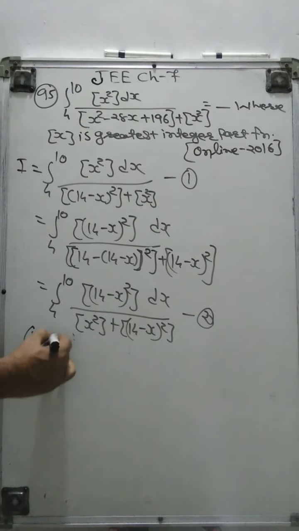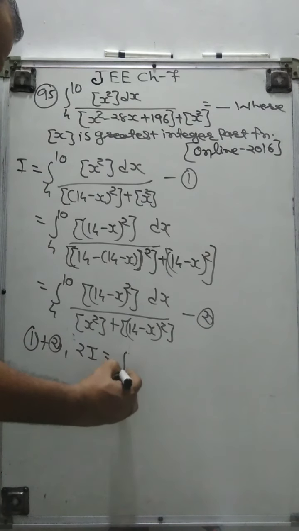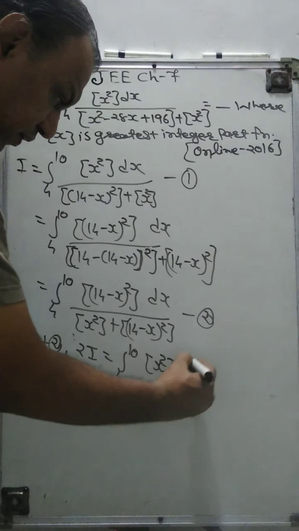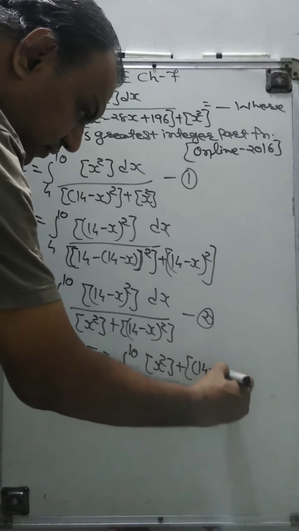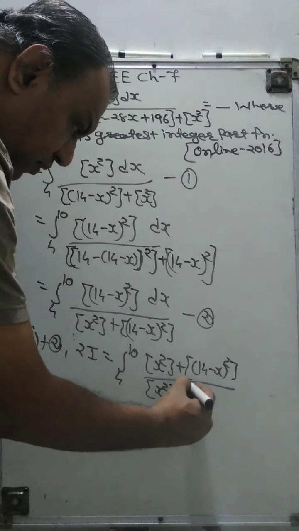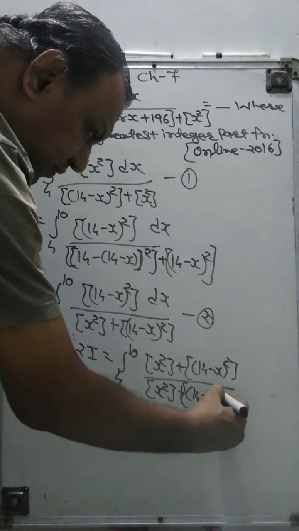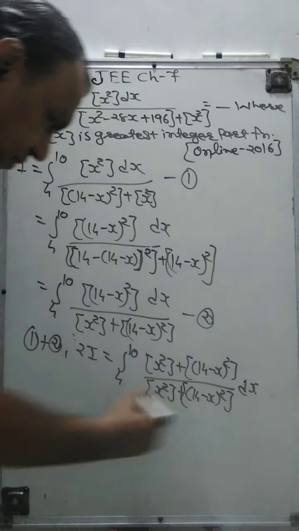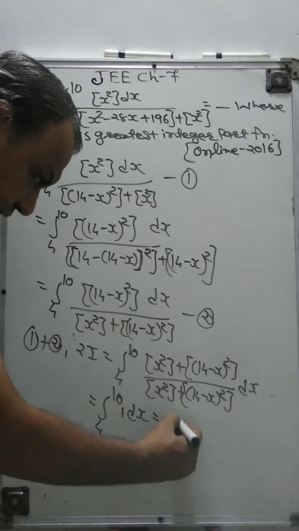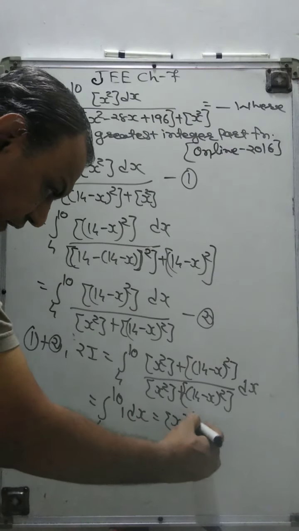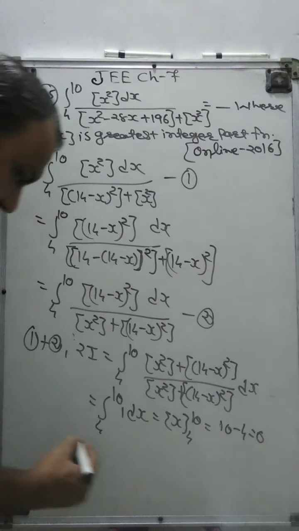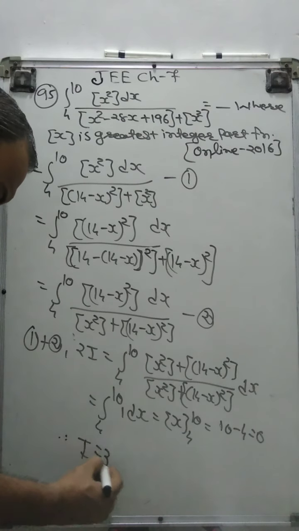Adding 1 and 2, we get 2I equals integral from 4 to 10 of [x squared plus (4 - x) squared upon x squared plus (4 - x) squared] dx, which is integral from 4 to 10 of 1 dx. It is x from 4 to 10, it is 10 minus 4, 6. So therefore I equals 3.